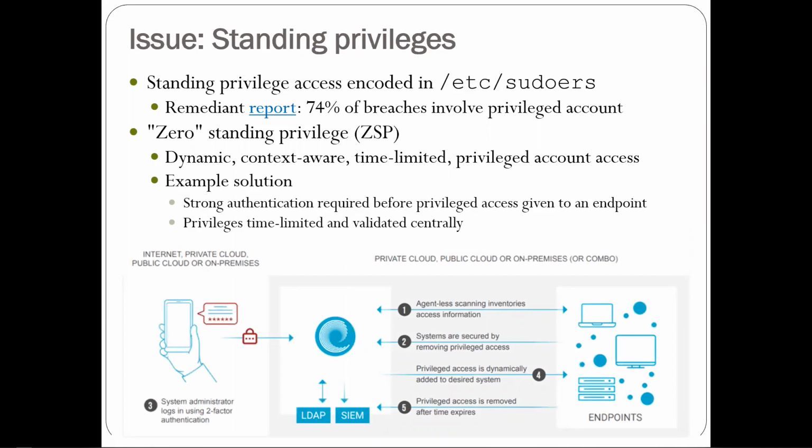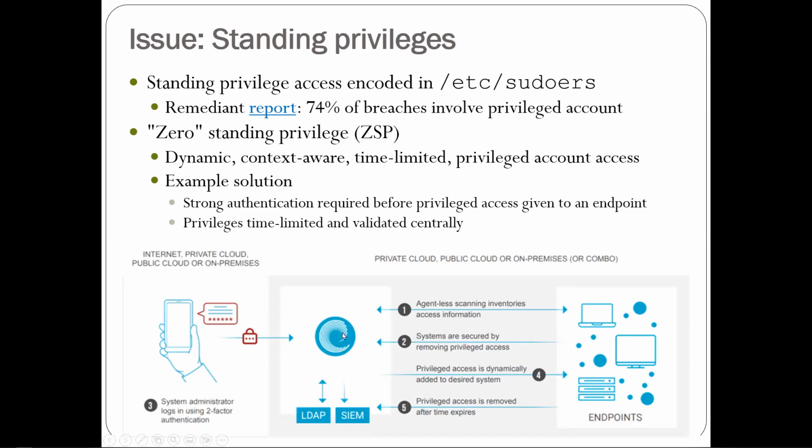So here are all your endpoints on the right. And rather than encode everything in /etc/sudoers, you're basically going to remove all of that stuff. Then when someone needs that access, you can centrally issue a 2FA, or based on the location that this connection is coming from, you can do some situational awareness before enabling access.